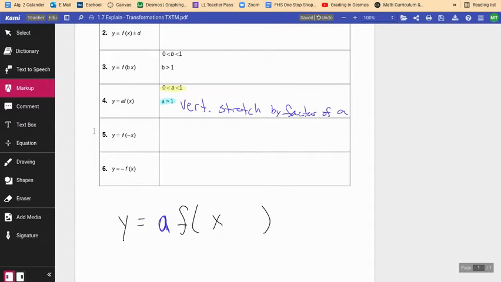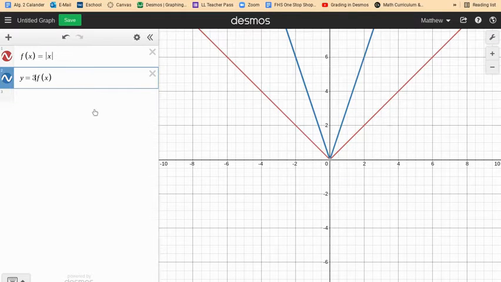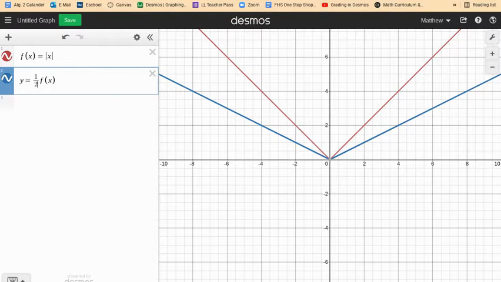When we have a number between 0 and 1, we call that a vertical compression by factor of A. That means I take that same number in the front, a number between 0 and 1, like 1/2. You can see what happened to the blue line: we compressed it vertically, so it got shorter and wider.